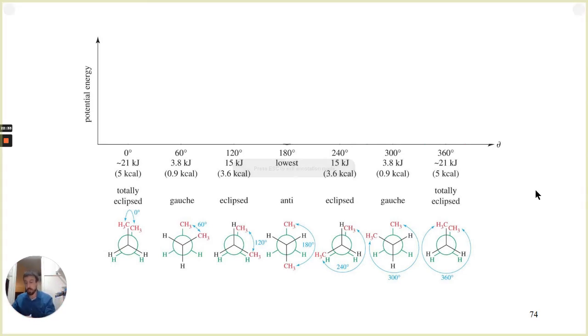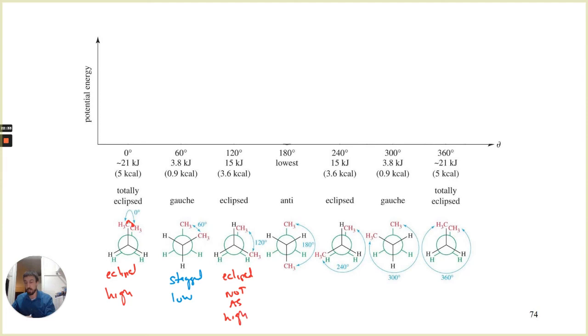So if we were to go through and look at labeling these things, this is eclipsed, okay? And those two methyls are very close. So this is eclipsed high. We then move to a gauche, which is a staggered, okay, low. We then move again to an eclipsed, but not as high.